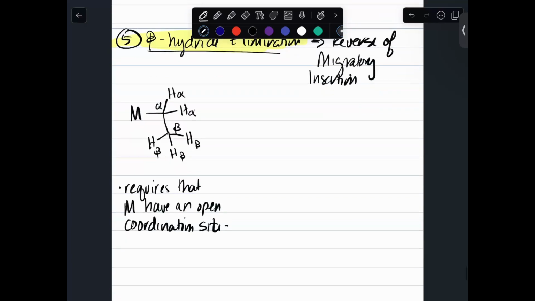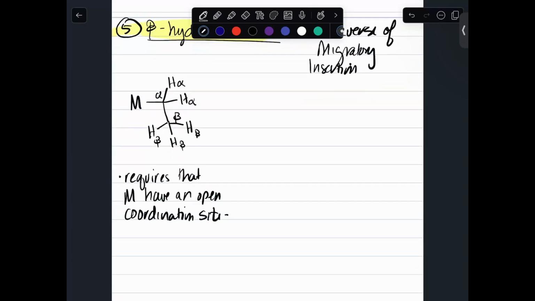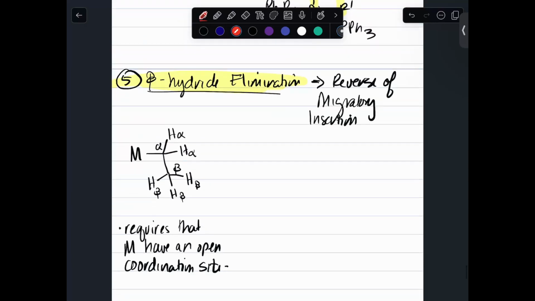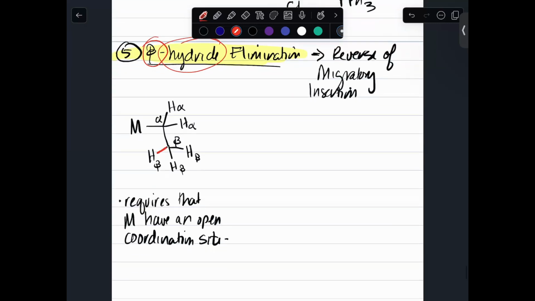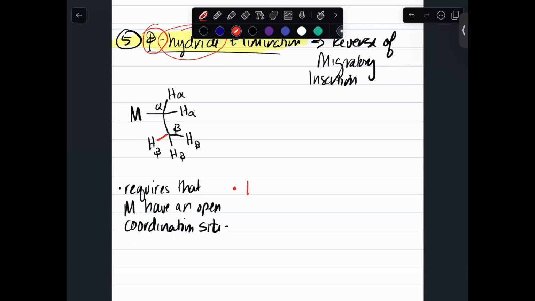So beta hydride elimination means just that. It's a hydride source on the beta carbon. So it's the beta hydrogen. For the elimination to occur, hydrogen must be syn to metal, which is exactly migratory insertion, right?